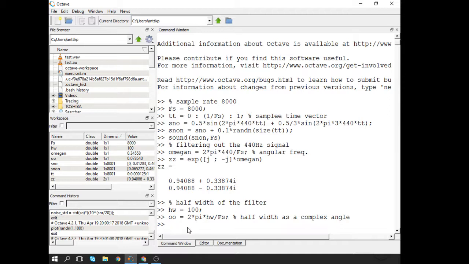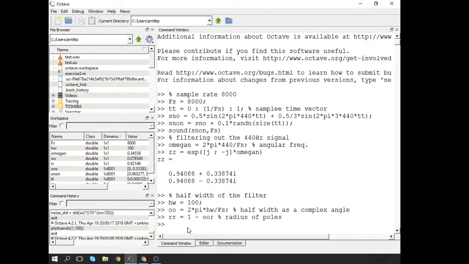All right, so now we have that one, which is my 1 minus radius. So my radius of this pole is actually 1 minus O. And the poles are on the same angle as the zeros, so I just take this radius times z.